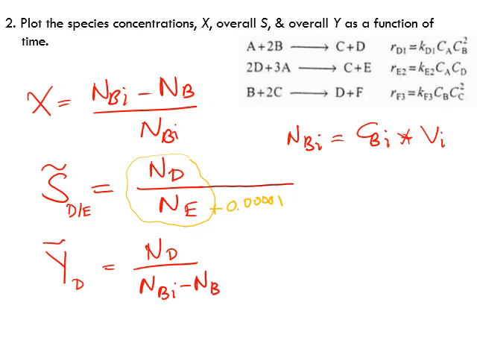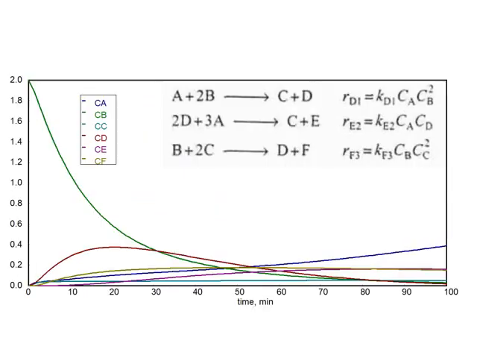Okay, so after typing in all these framed equations and evaluating all the parameters, plugging in all the values of k's, of epsilon naught, of Ca naught, and so on, we go ahead and solve. This is the solution. Now you can see all the concentration profiles for all the species. We have 6 of them.